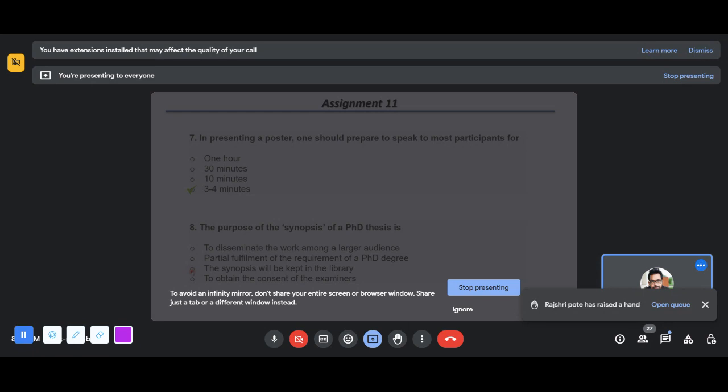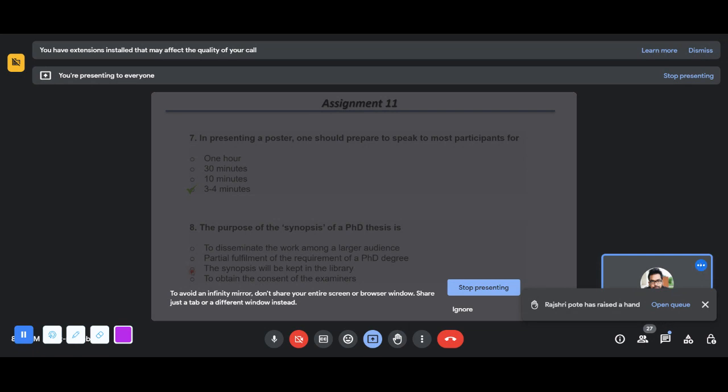Next one is the purpose of the synopsis of a PhD thesis: to disseminate the work among a larger audience, partial fulfillment of the requirement of a PhD degree, the synopsis will be kept in a library, or to obtain the consent of the examiner.